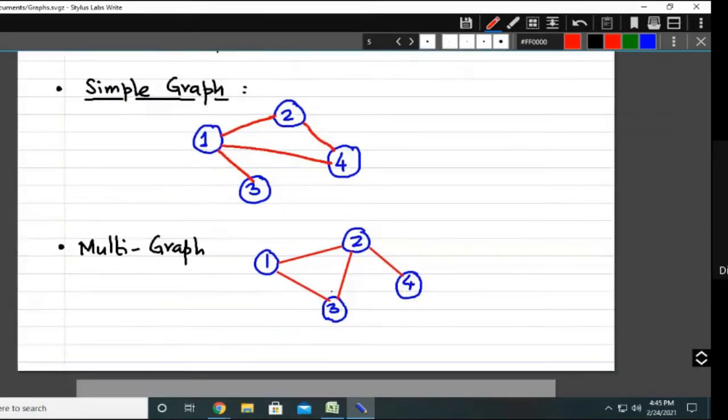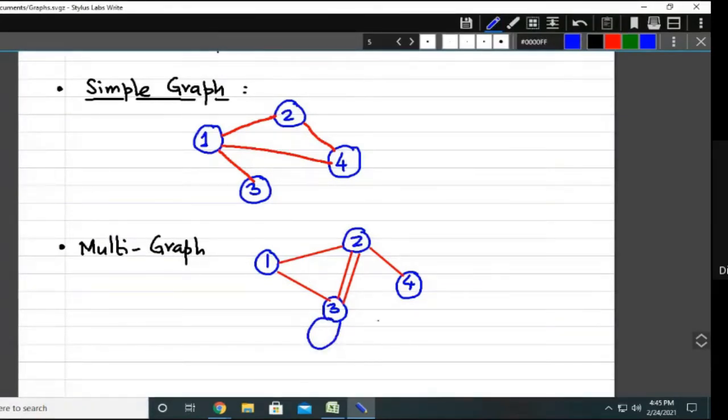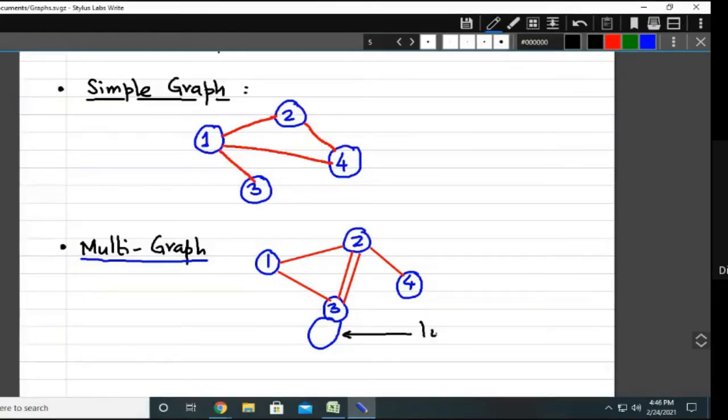But if I have one more edge connecting them, this is going to be a multi-graph. Or if I have a loop, meaning an edge connecting a node to itself, then it is also called a multi-graph. So a multi-graph is a graph in which there can be more than one edge between the same pair of vertices or nodes, and a loop is also allowed. This is what is called a loop.